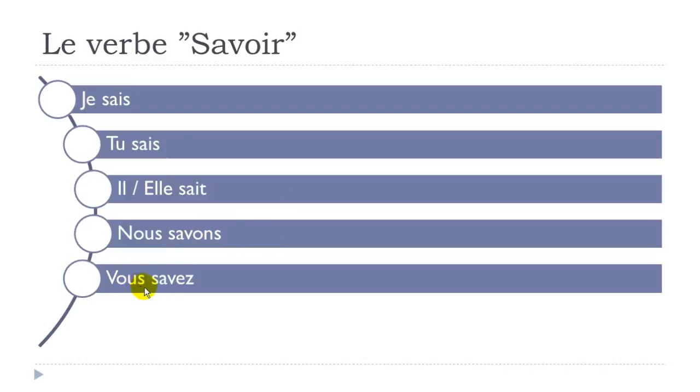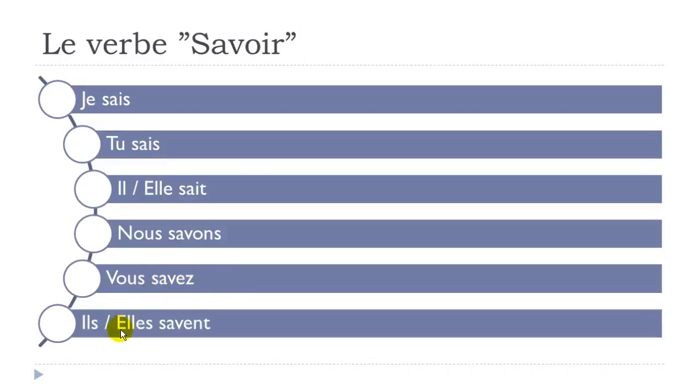Then vous savez. Classic ending for vous, EZ, but then phonetically it's et. Vous savez. And then il. Here, classic ending for il and elle at the plural form, E-N-T. You don't pronounce it, so you get the sound savent.